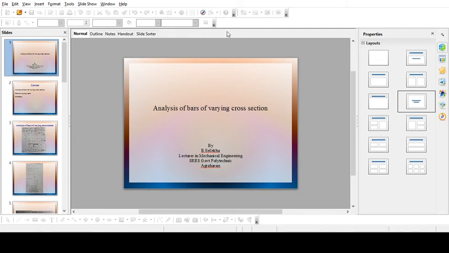Here we have three sections: two sections of higher diameter, one on each end, and one section of smaller diameter. The higher diameter section we take two times, for both sides. So it is PL1 by A1E plus 2 into PL2 by A2E.